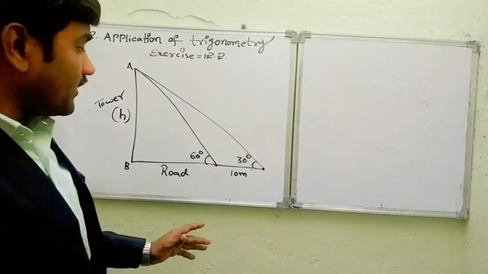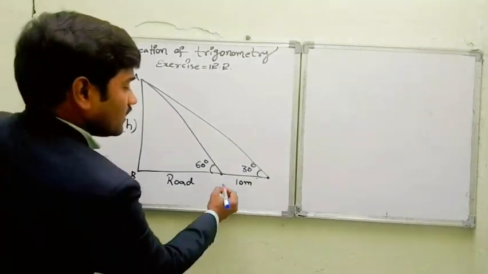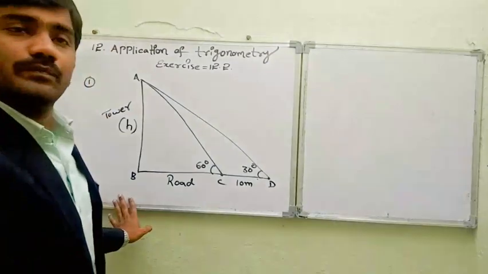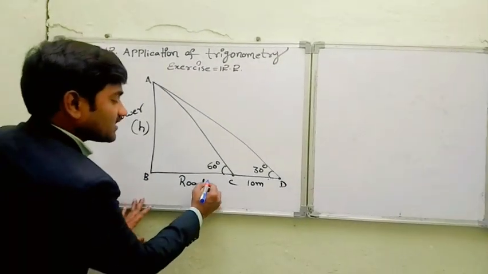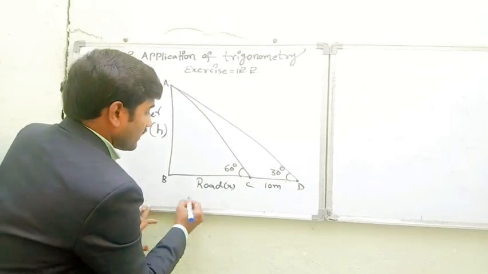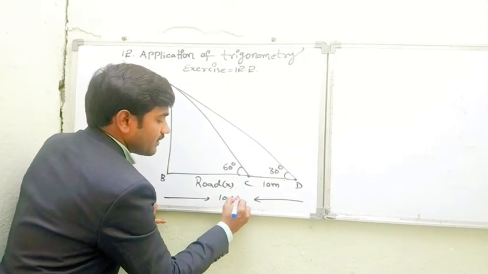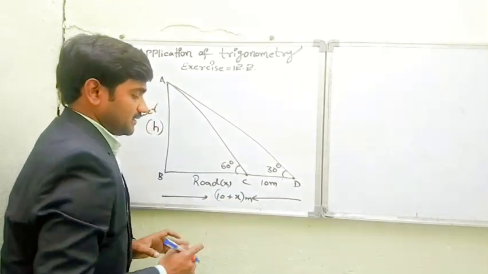Now we need to find out the width of this road and height of this tower. Let us see here C and D. Let us assume that the width of the road is x meters. Then completely here BD is 10 plus x meters.